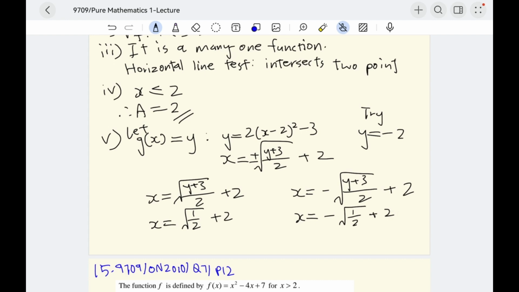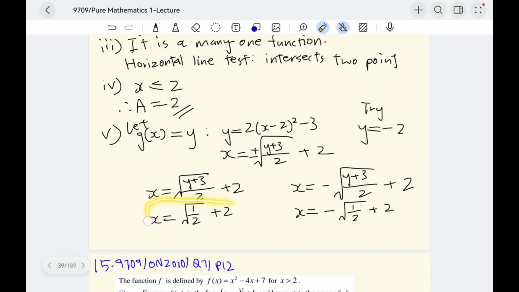So you need to use your calculator to calculate the approximate decimal value, since there is a square root form over here. Obviously after you calculate its decimal value, you will see that for the left hand side, the range of the inverse g(x) is of course greater than 2 already.